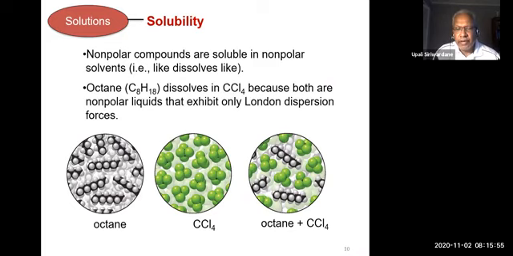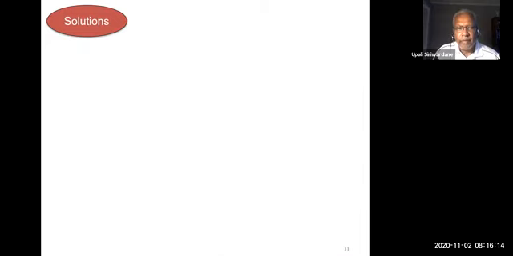They interact through London dispersion forces. So it explains like dissolves like, in the case of nonpolar compounds such as octane and carbon tetrachloride. We're going to look into the effect of temperature and pressure.